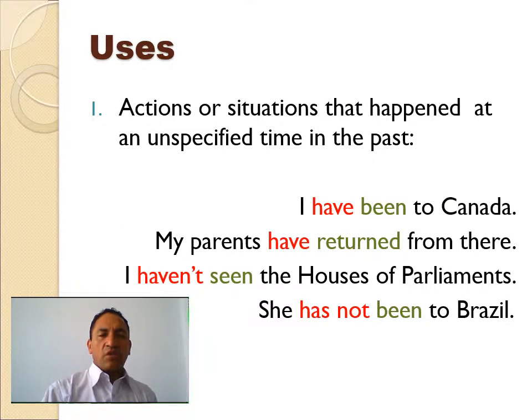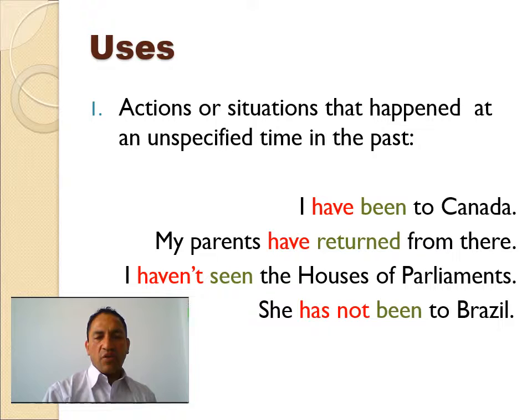We use this present perfect for actions or situations that happened at an unspecified time in the past. Example, I have been to Canada. My parents have returned from there. I haven't seen the Houses of Parliament.